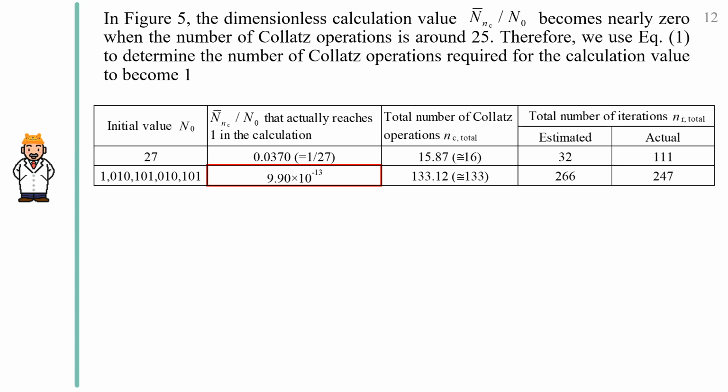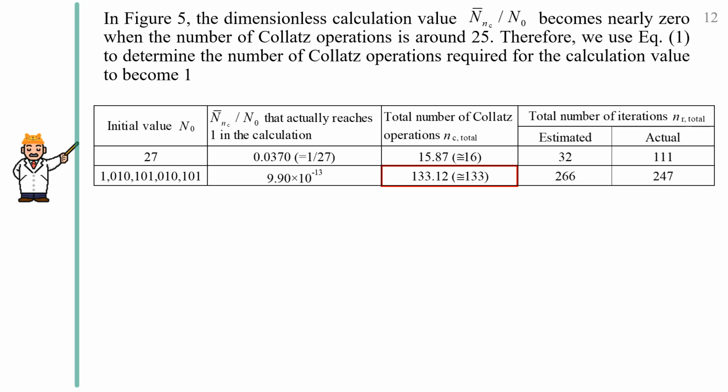Substituting these values into equation 1, the number of Collatz operations becomes 16 operations for n0 equals 27, and 133 operations for n0 equals 1,010,101,010,101.